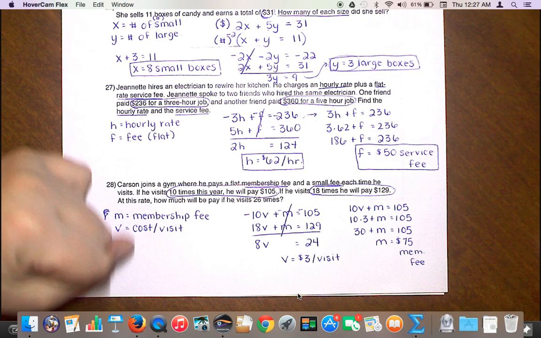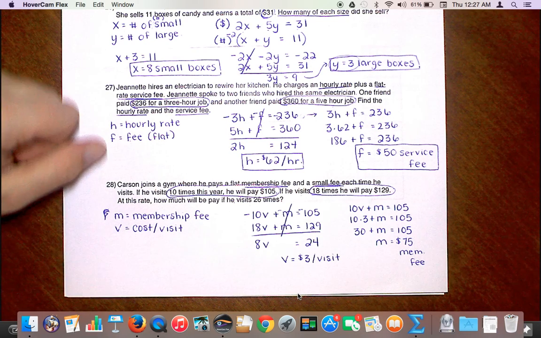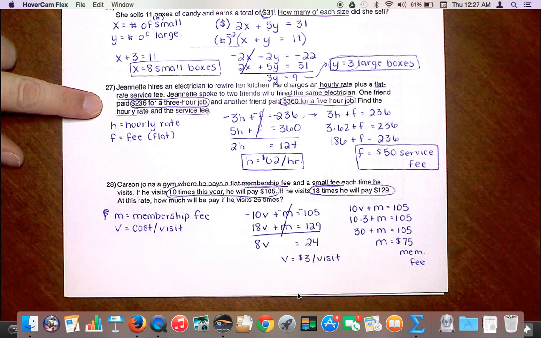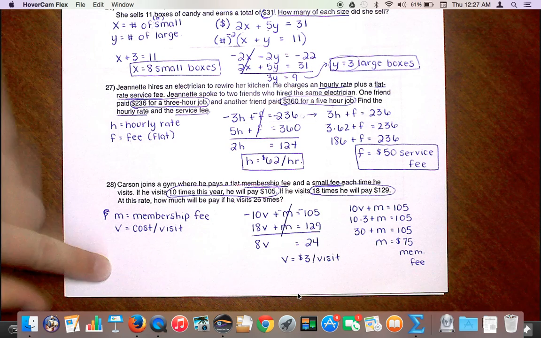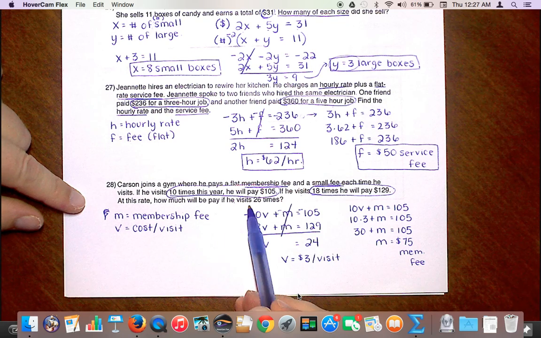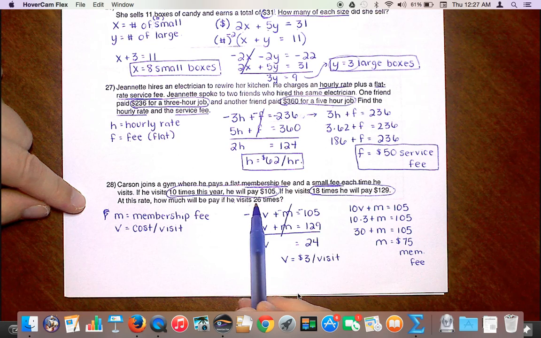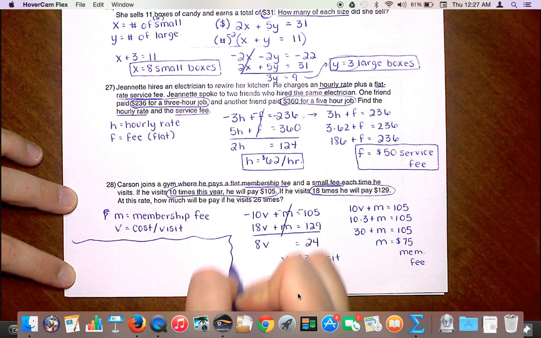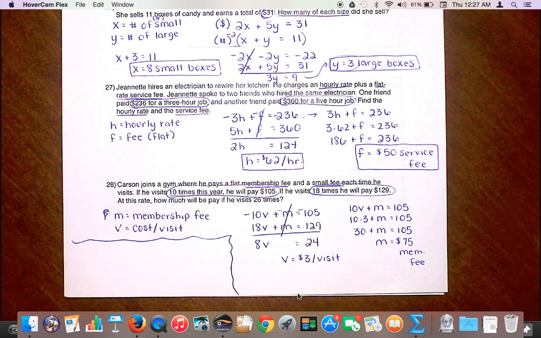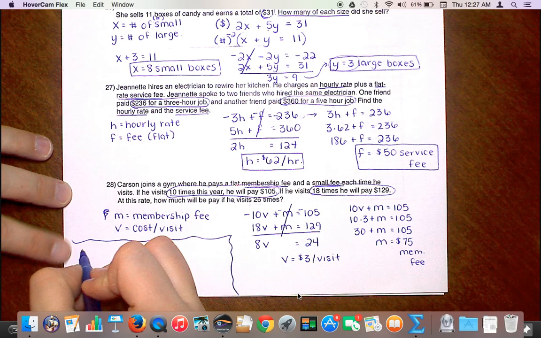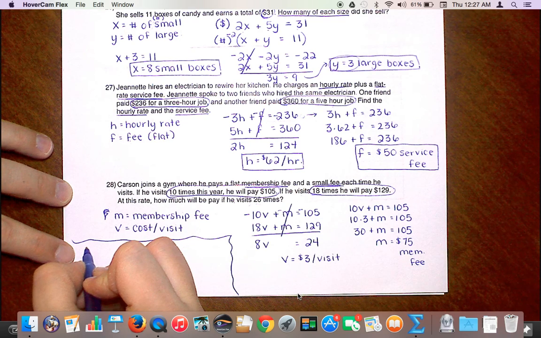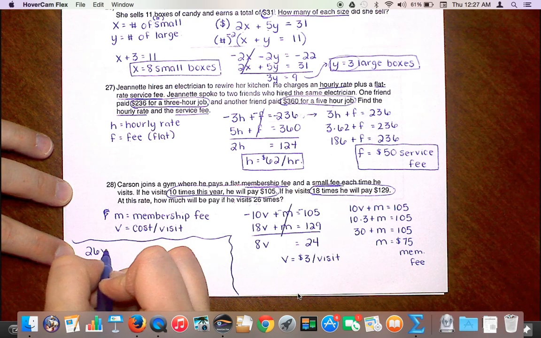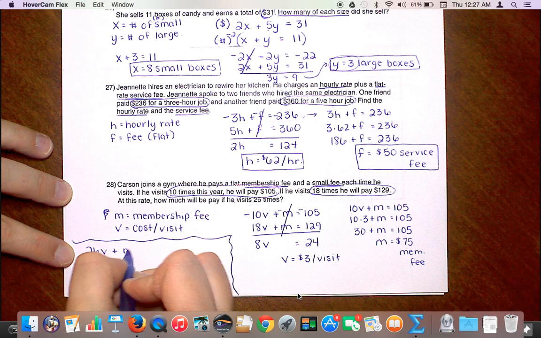Okay, now I'm not done this time. Last time I was done because that's where my question ended. It said find the two fees. This time I want to know, now I'm going to pay, I want to visit 26 times. So after I do all of that work, I still need to go back and figure out what does that mean if I want to visit 26 times. Well, if I want to visit 26 times, I'm paying 26 visits plus the membership fee.